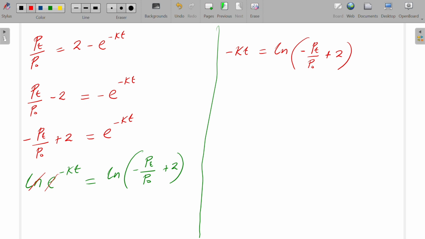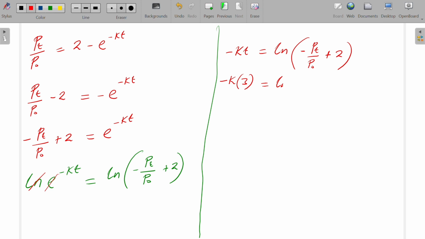So when you reach this stage now, the best we can do is replace with the values we have. We have the PT, we have P initial, we have T, and what we are looking for is K. So we'll say now this is going to be minus K, that is being multiplied by 3. Remember the time we are given is 3 hours. From 0 to 3 hours, that's 3 hours covered.